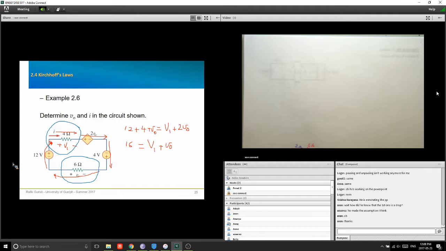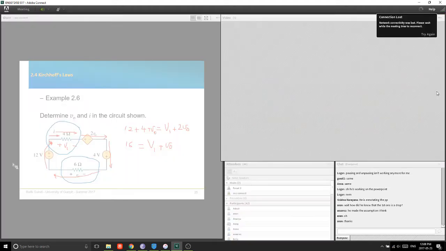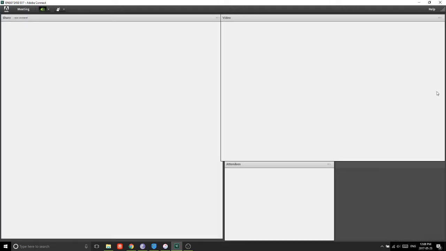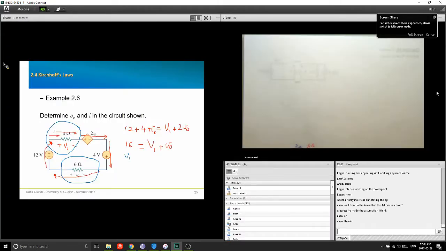You're going to combine the different equations. V1 equals 4I.